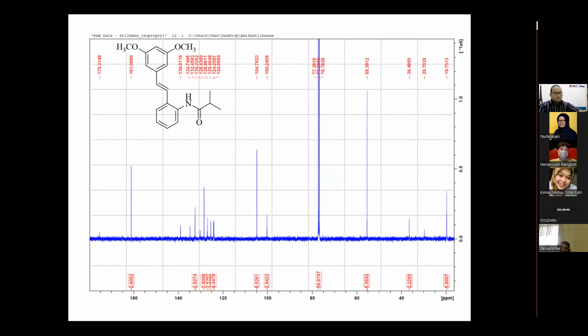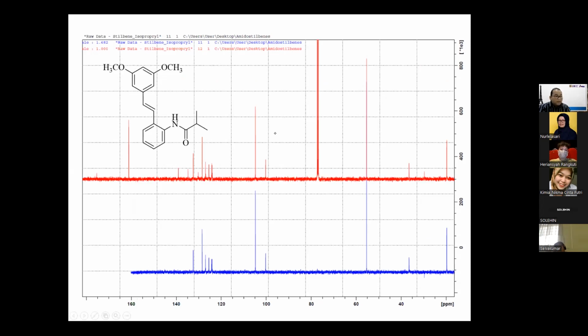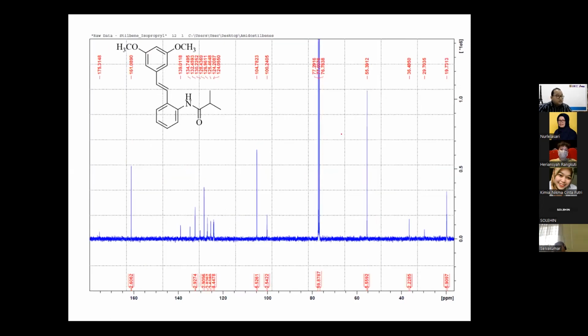Okay, so for example, we have this one. As I said, first we analyze all the compounds that we have here by using proton NMR. The second thing you have to do is label all the carbons that exist.